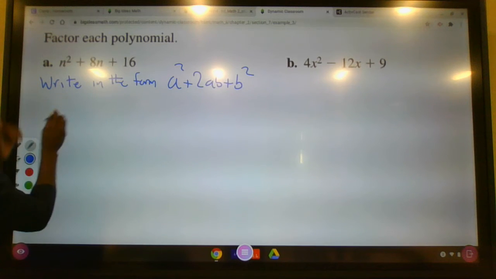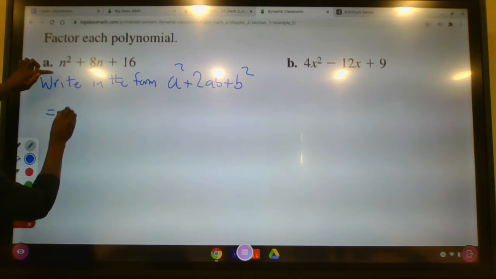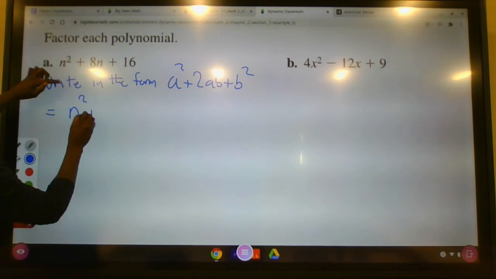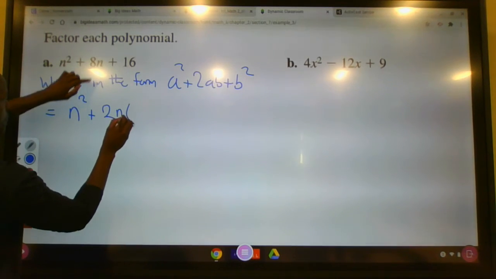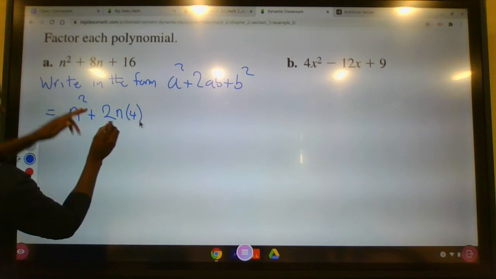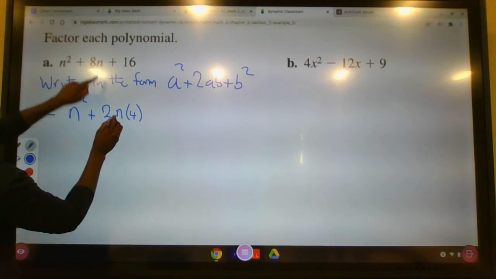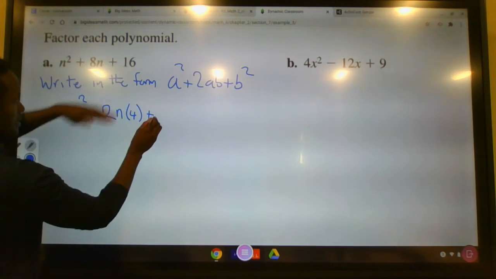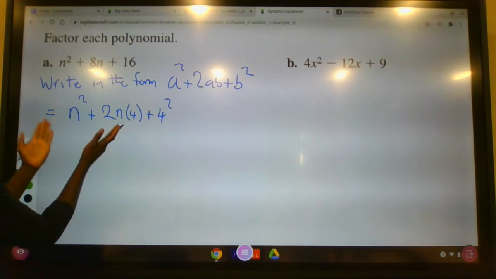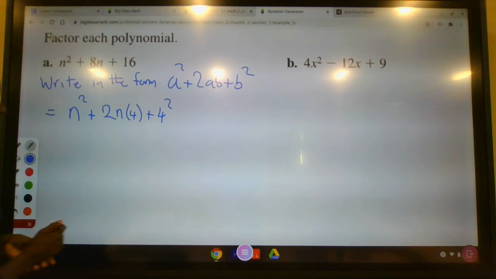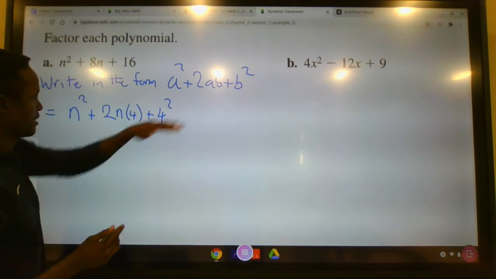So let's try and see if we can write it in that form. n squared will stay as it is, plus, remember I have to have 2 times the variable, and then what's the other number that I need to have over here? 4. So that 2 times 4 will give me 8, and then n is there. 16 will turn into 4 squared. And yes, this turns out to be a perfect square trinomial, as we can rewrite it in this pattern.